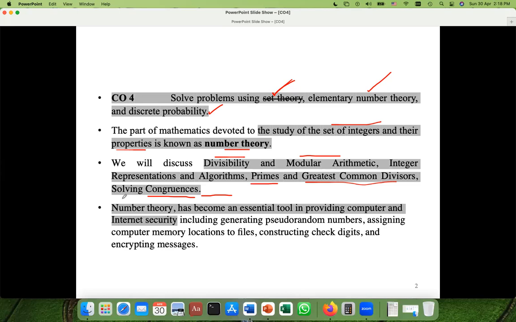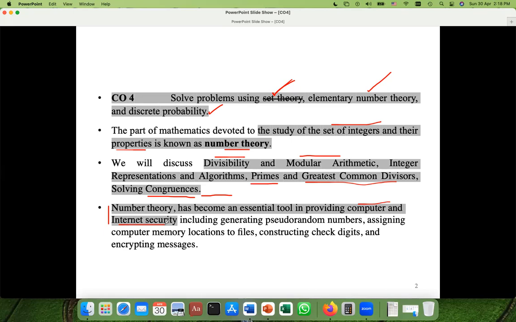So, number theory: what is the use of number theory? We use these concepts in computer and internet security. This is the general term.